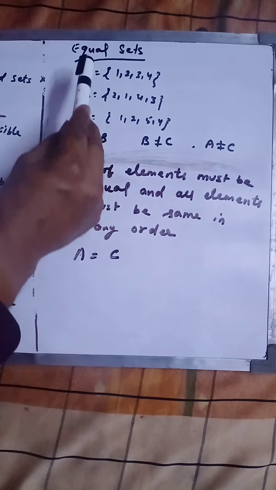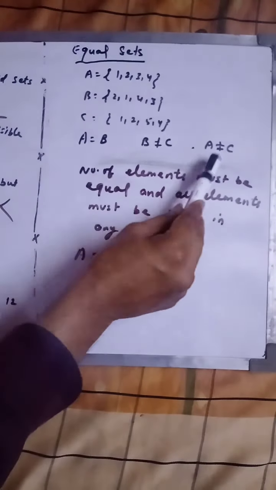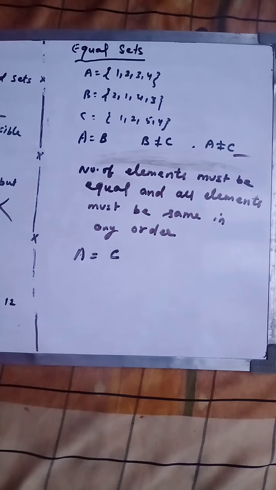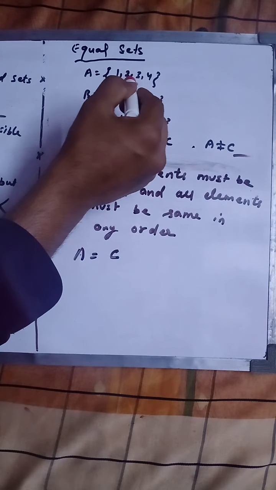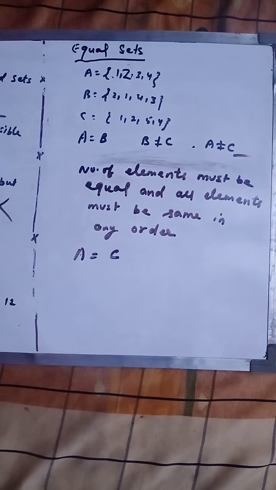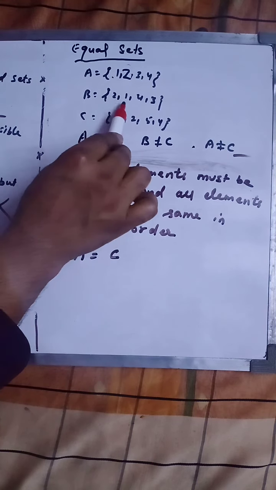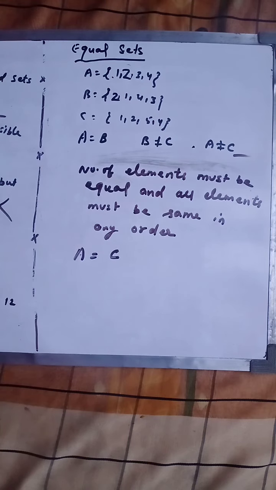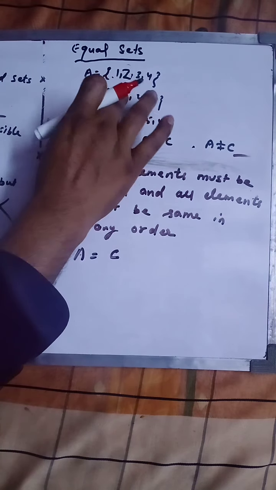So here A and C are not equal sets. But if we see A and B, A is 1 2 3 4, and here B is 2 1 4 3.